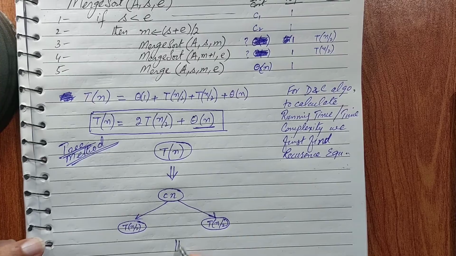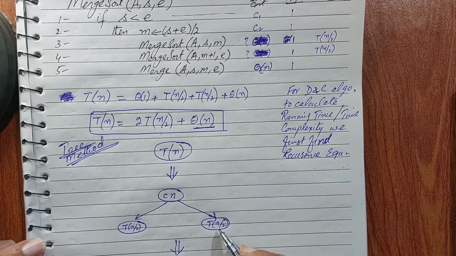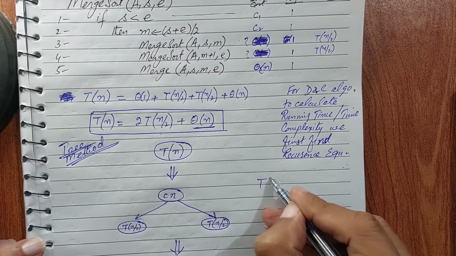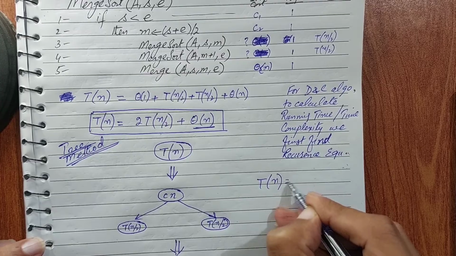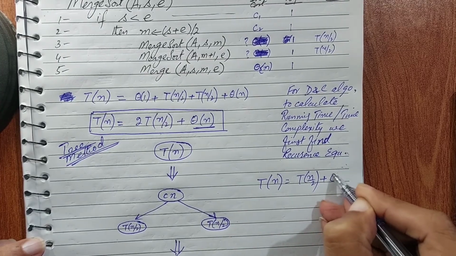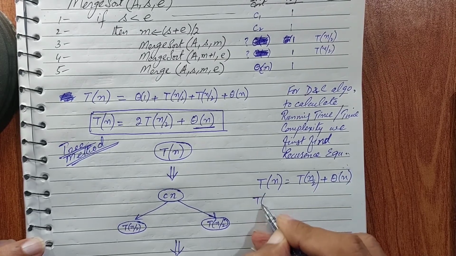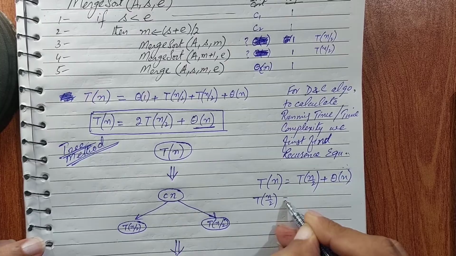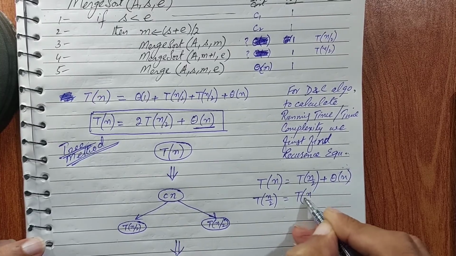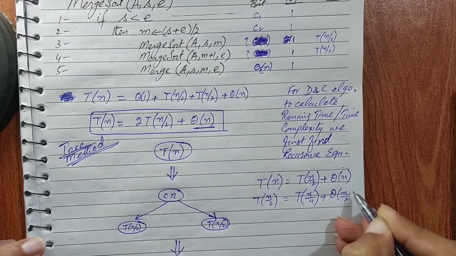Now when you go for the solution of these two problems, you put n by 2 in place of n. T of n is equal to 2T of n by 2 plus theta of n. So just replace n with n by 2, and you will get T of n by 2 is equal to 2T of n by 4 plus theta of n by 2.